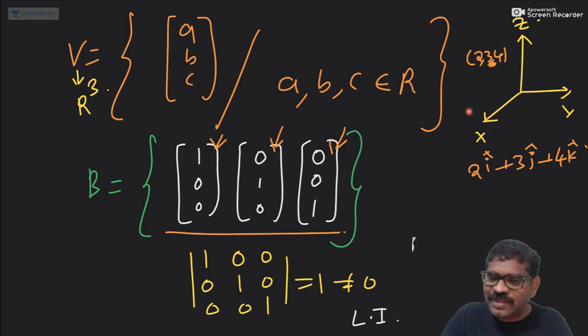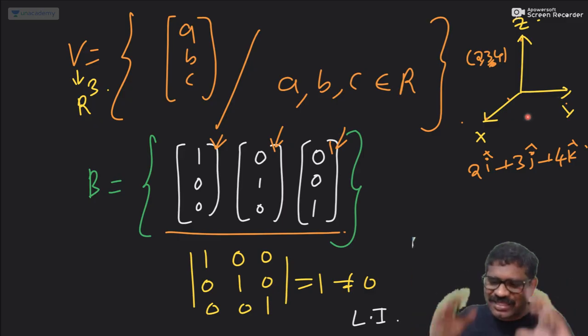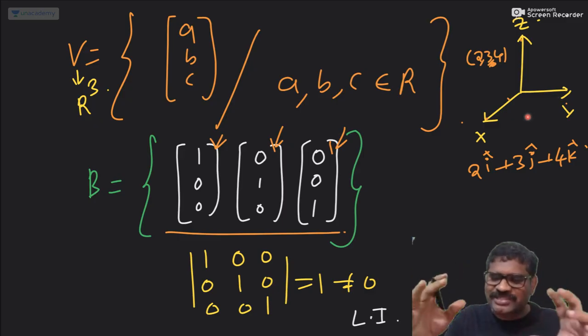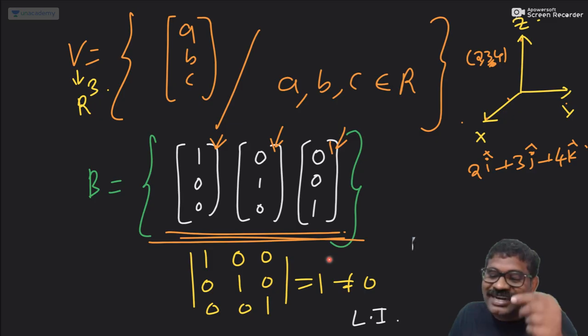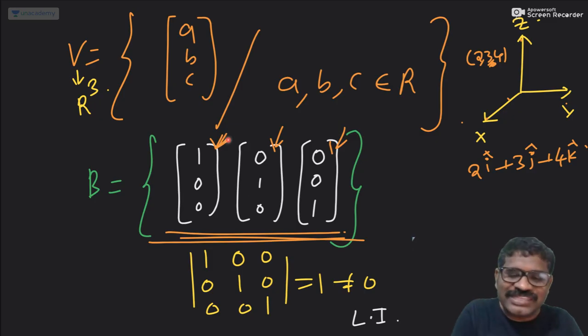That's why this XYZ space is called three-dimensional space. For that three-dimensional space, this is the basis, because basis contains basic vectors. What are the basic vectors? i cap, j cap, k cap.